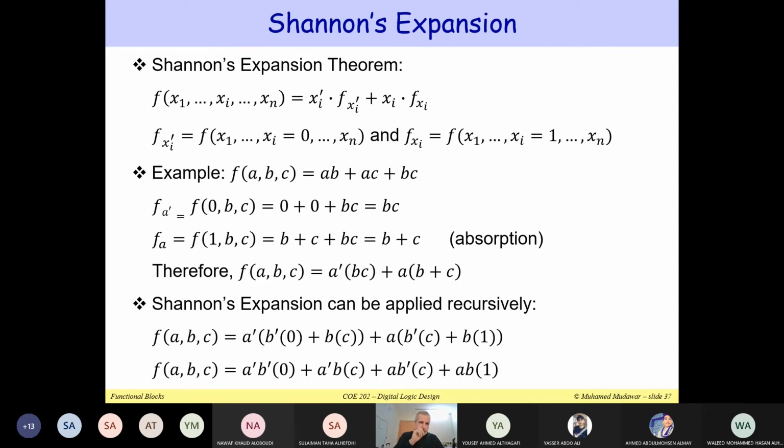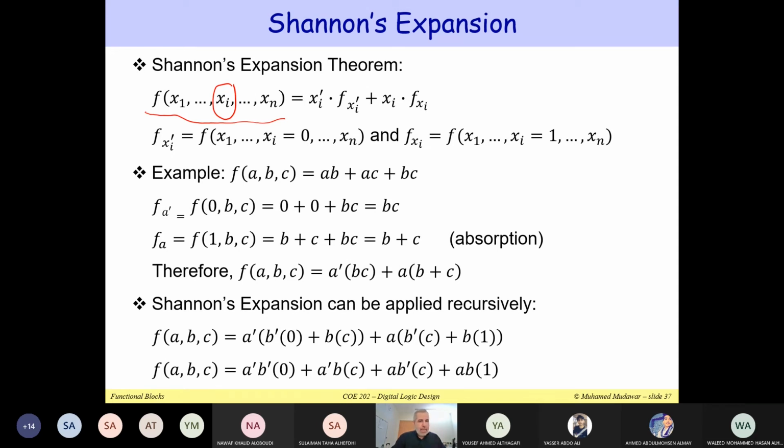If you have any function f, this function f, for example, can be written using an expression. So we have a function f that is a function of n variables, x1, x2, up to xn. I can expand it with respect to variable xi. You can choose any variable xi, it could be x1, it could be x2.